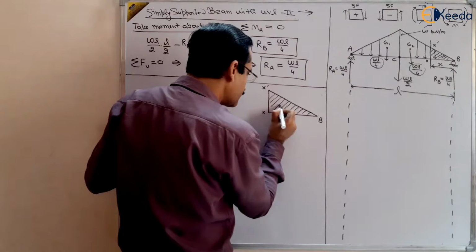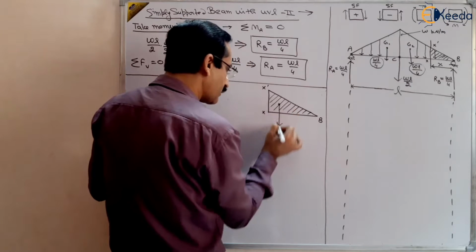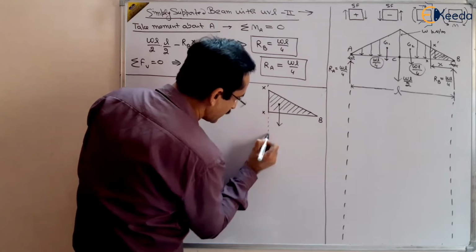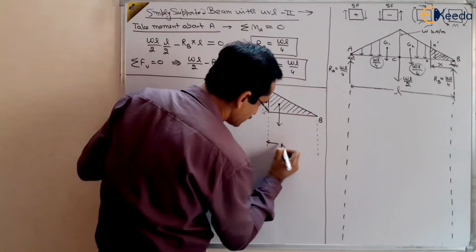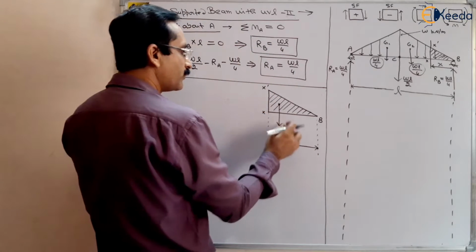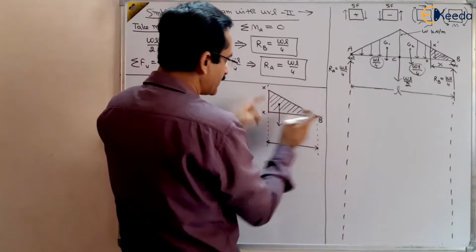There will be a force acting at the centroid of this triangle, and this distance is x. What will the force be? That will be the area of this triangle, half multiplied by base multiplied by height.